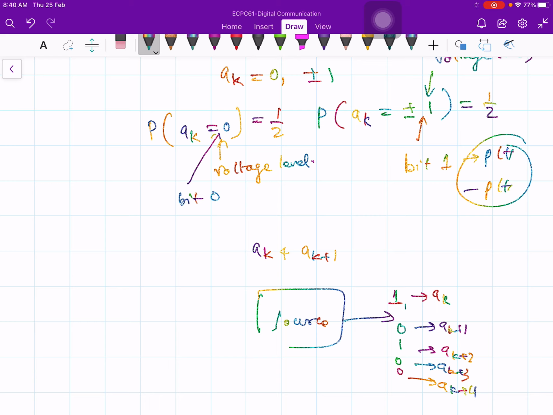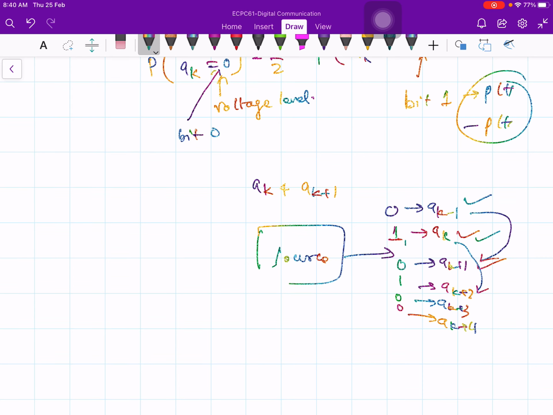Previously transmitted one symbol, let's say 0, is AK minus 1. So AK minus 1 is independent of AK, and AK is independent of AK plus 1. AK minus 1 is independent of AK plus 2. AK is independent of AK plus 2. These are independent assumptions. So the source emits the data independently, and there is no correlation.